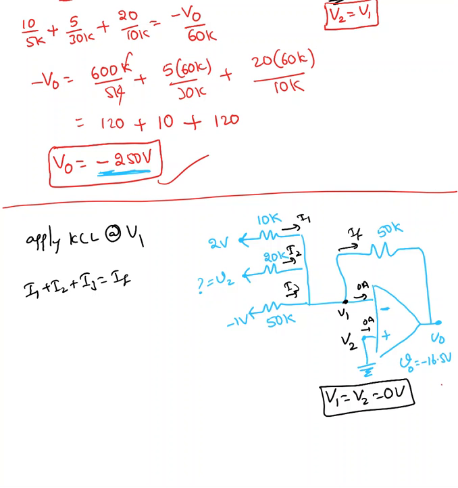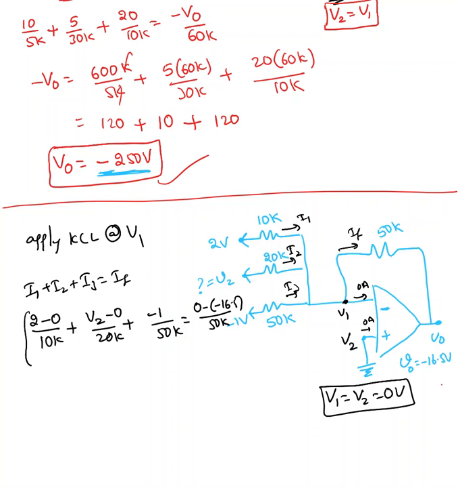So I1 equal to 2 minus, I know V1 is 0, so I'm going to put 0. 2 minus 0 over 10k plus I2 is, I don't know what V2 is, V2 minus 0 over 20k plus V3 is minus 1 over 50k equal to IF, which is 0 minus of minus 16.5 over 50k.